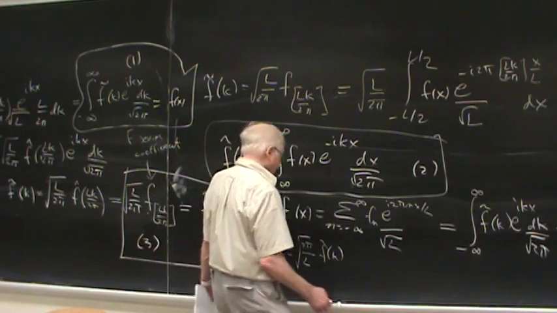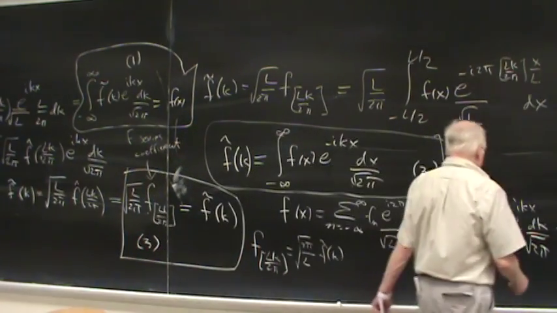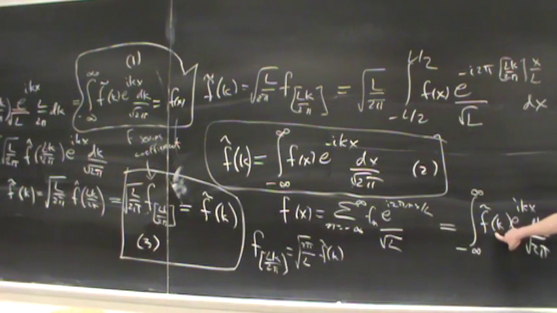So if we had the Fourier transform relation, we get as the Fourier series a sum of things, square root of 2 pi over L, and now our f sub n would be f tilde of k.